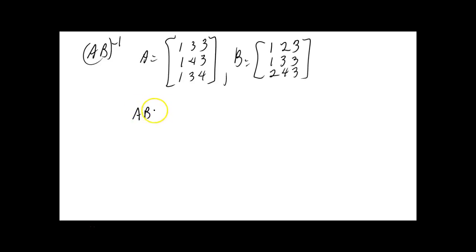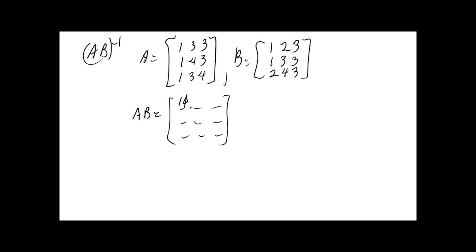So AB is going to be a 3 by 3 matrix. First entry on top: 1 plus 3, which is 4, plus 10.